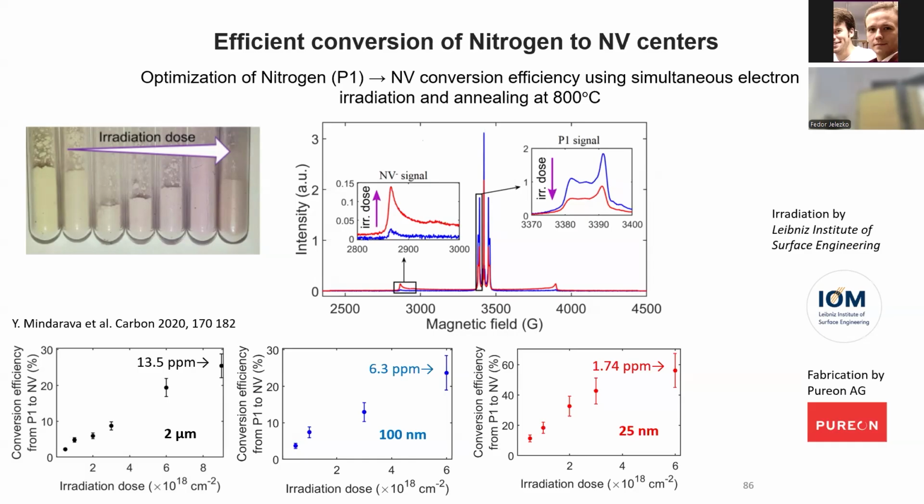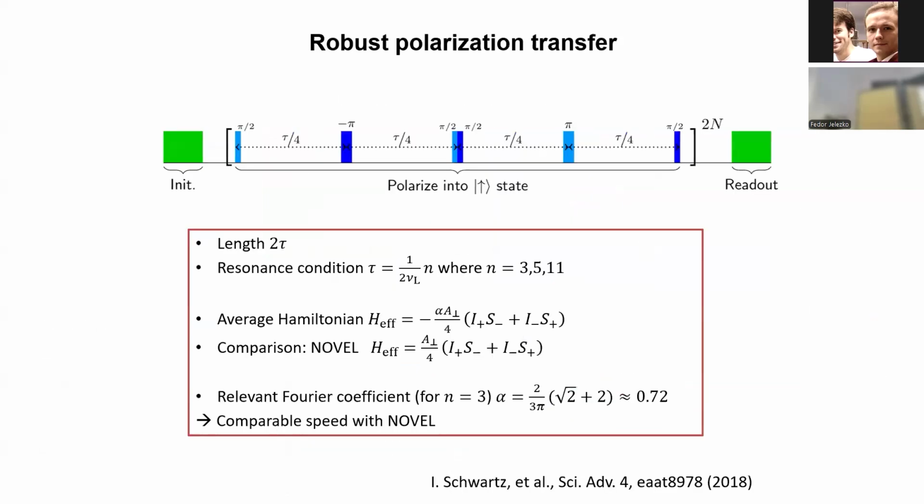We can also dope these nanodiamonds with a high concentration of NV centers by choosing a suitable irradiation dose. Actually, we can reach up to a few ppm even for 25 nanometer nanodiamonds. And addressing this anisotropy in orientation and spectral distribution can be done by beta polarization sequences.